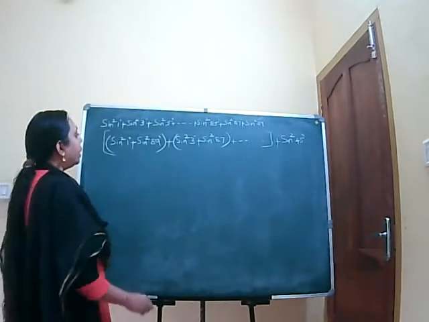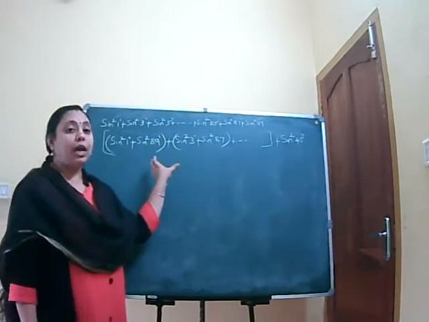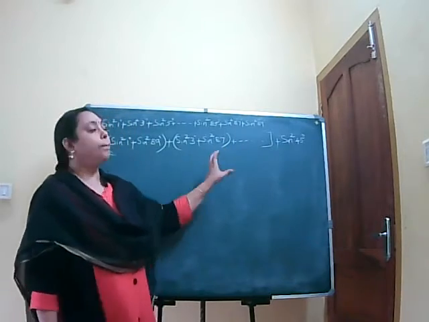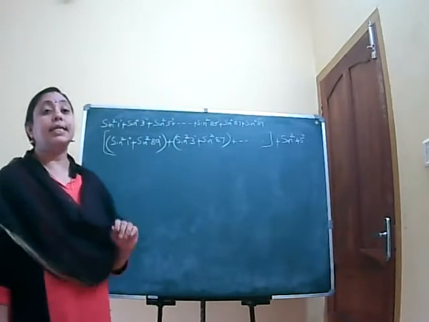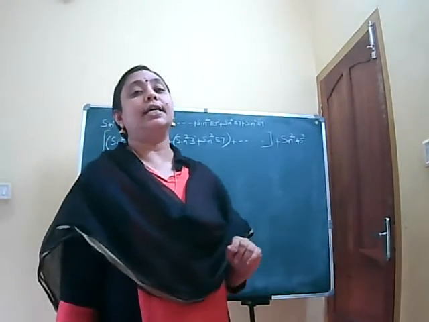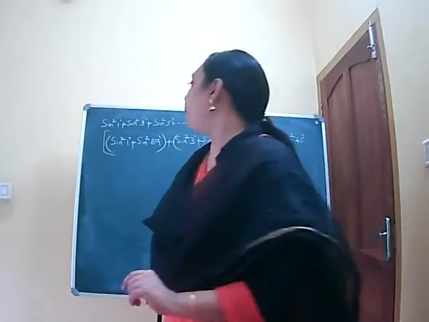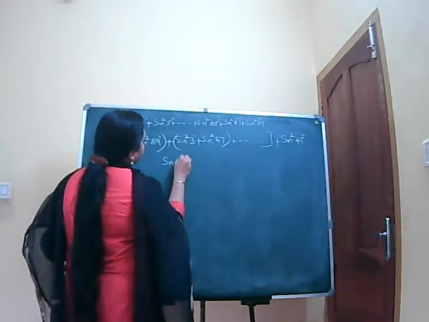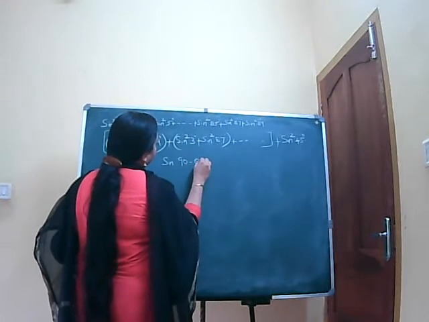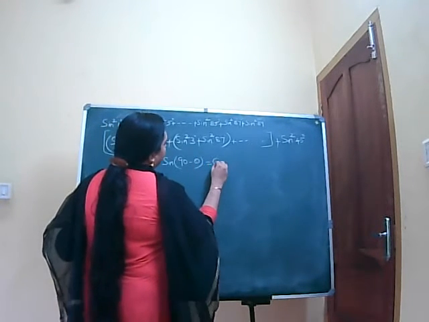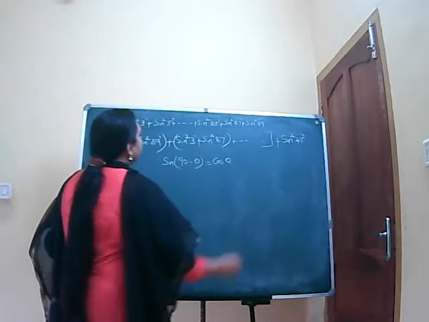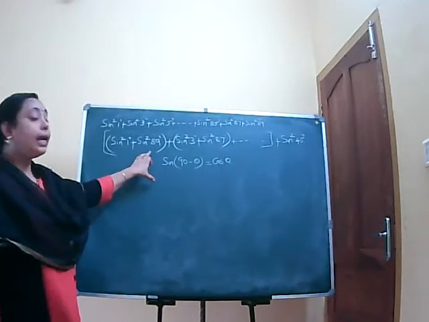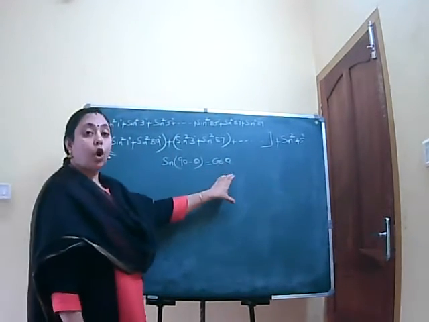Now we find out the value of this expression. We know that sine 90 minus theta is cos theta. So we get sine 89 is cos 1.